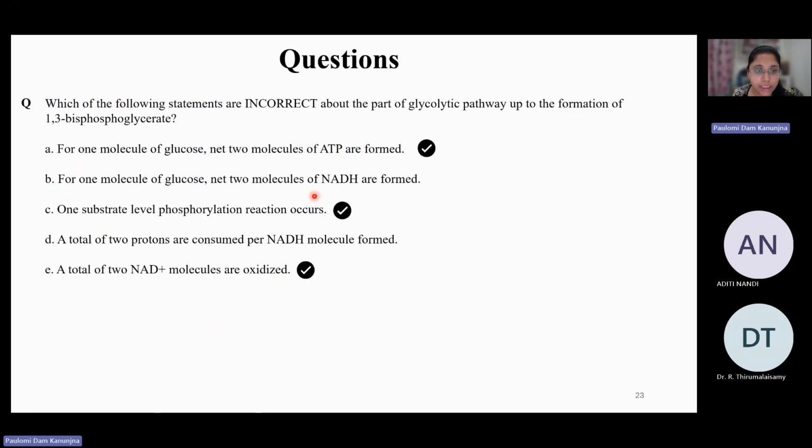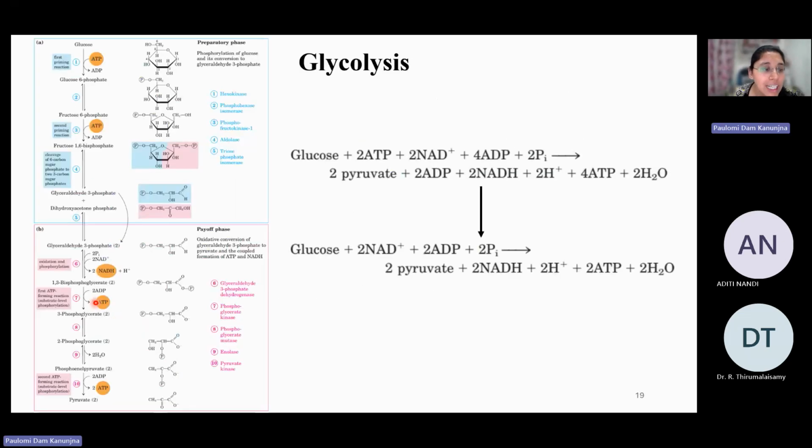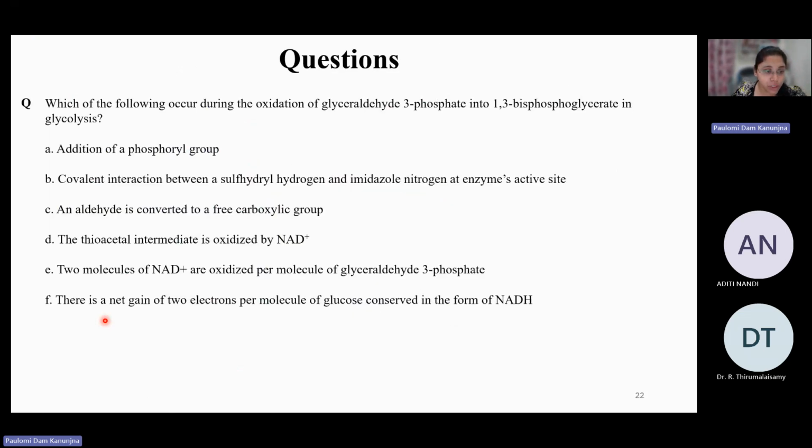Sorry, that is incorrect, because substrate level phosphorylation is the next step after bisphosphoglycerate. Your 1,3-bisphosphoglycerate gets converted to 3-phosphoglycerate, and in the meanwhile ADP is converted to ATP. So that's the first substrate level phosphorylation, which occurs after the formation of bisphosphoglycerate, not till bisphosphoglycerate.